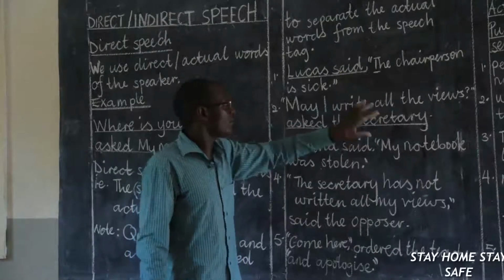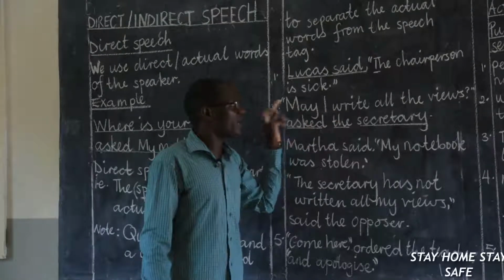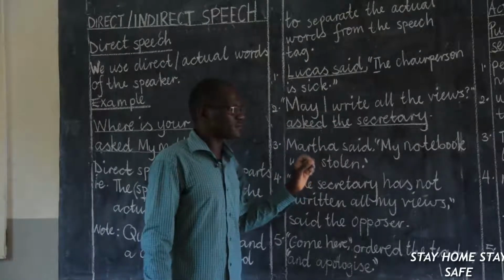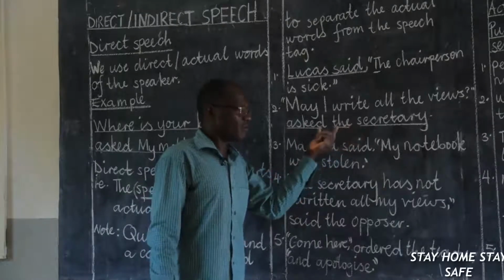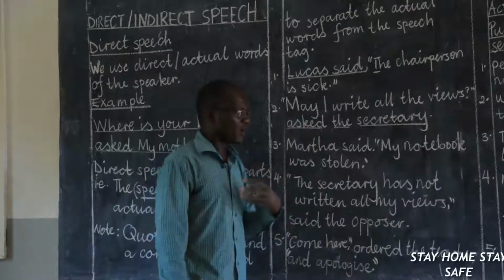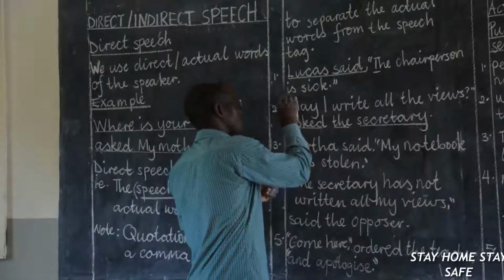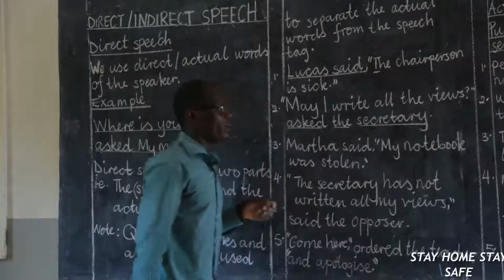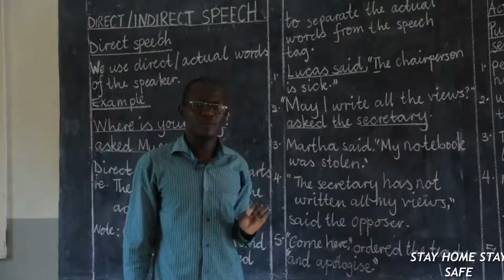So we are saying the secretary's words are, may I write all the views? Ask the secretary. These are my words. To separate them from my words, I use quotation marks. Remember to write the quotation marks opening. Write them as they open.